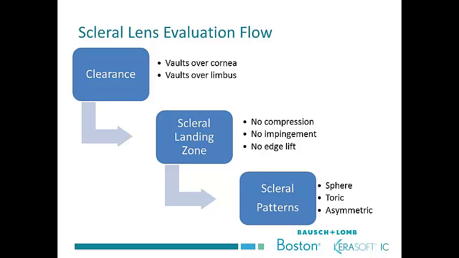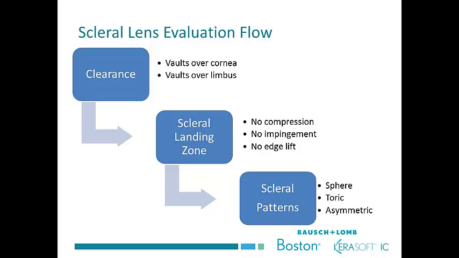So how do you evaluate scleral lenses? Basically, there's two philosophies. You can go inside out or outside in. I'm just going to describe the inside out philosophy. So you want to start with central corneal clearance. Again, I'm talking about scleral lenses that vault over the cornea. So you want to evaluate the cornea and the limbus to make sure that there's space between the lens and the cornea.